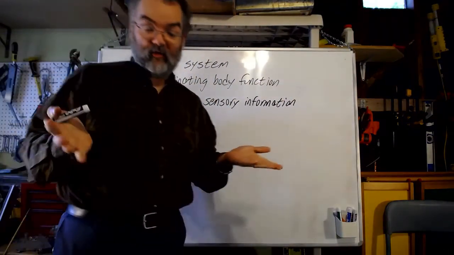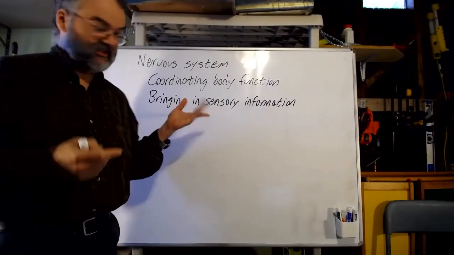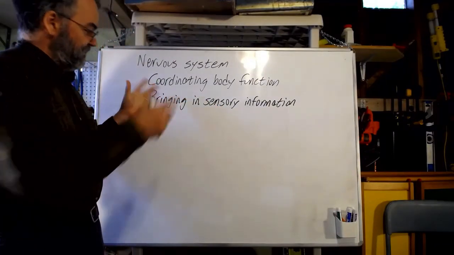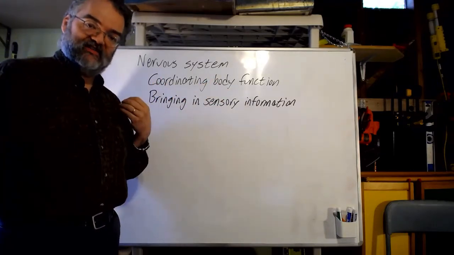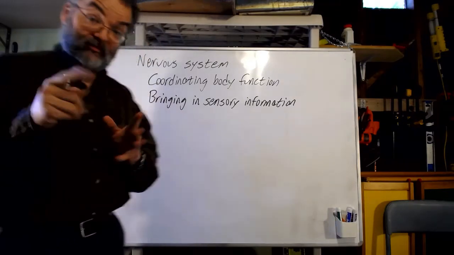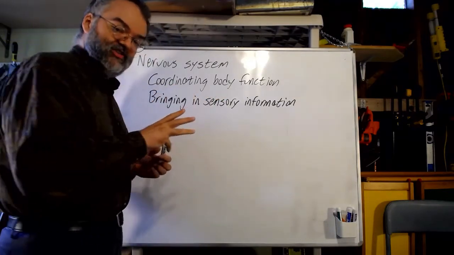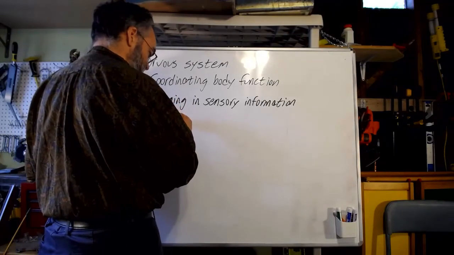So, for example, what I'm doing right now, and what you're doing if you're looking at this, is there are patterns of light and dark coming to your eyes. Those get turned into nerve signals. That process of taking sensory information and turning it into patterns of nerve signals is called sensory transduction.